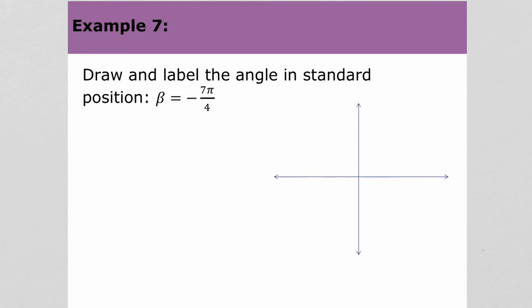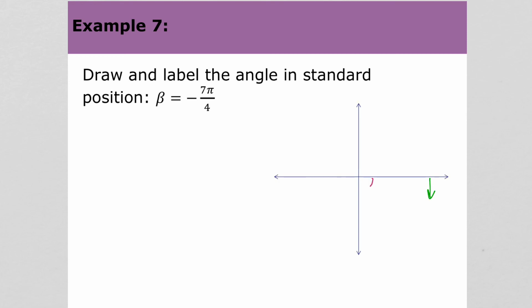Negative 7 pi over 4. Okay, again, we've talked about pi over 4 being halfway between 0 and pi over 2. So for negative 7 pi over 4, we're just going to go pi over 4 7 times, and since it's negative, then we're going down.